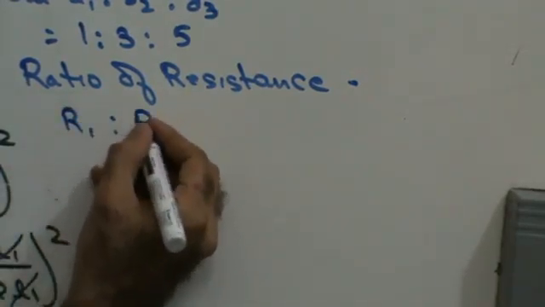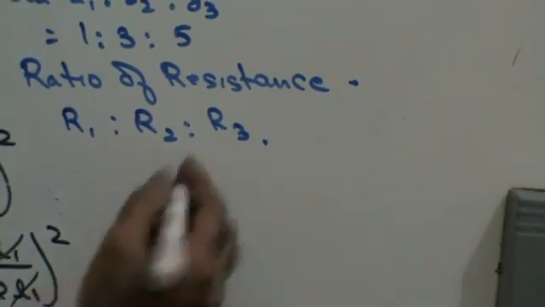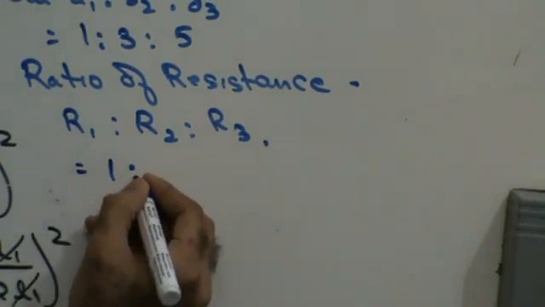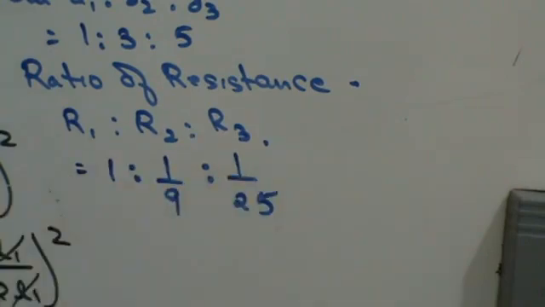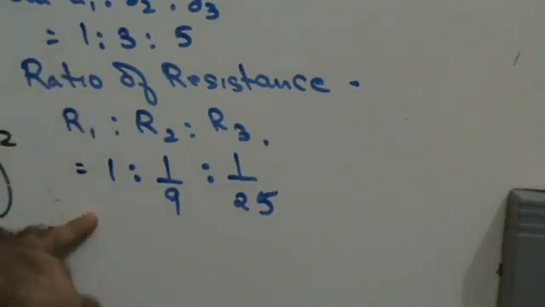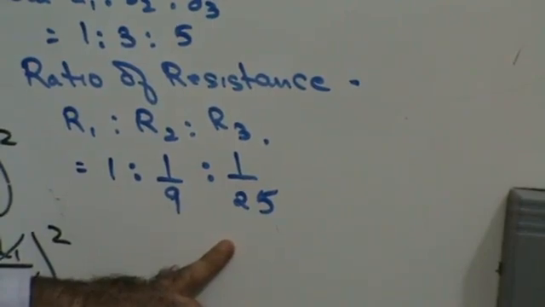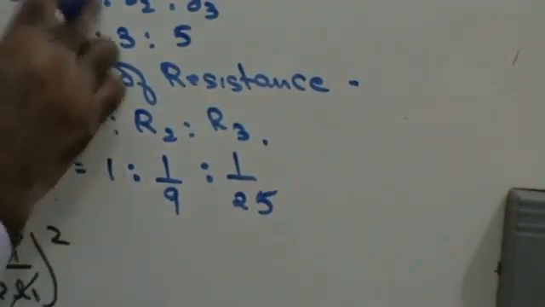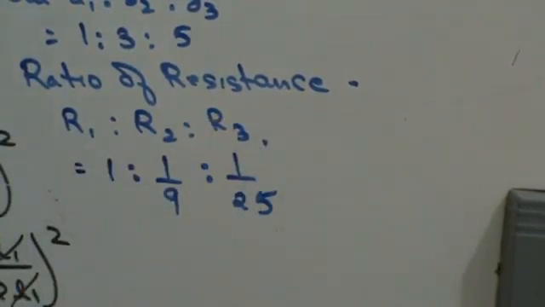I want R1 is to R2 is to R3. We have already said that R is inversely proportional to D square. So this will be 1 upon 1 square, 1 upon 3 square, 1 upon 5 square. So R1 is to R2 is to R3 is 1 is to 1 upon 9 is to 1 upon 25.